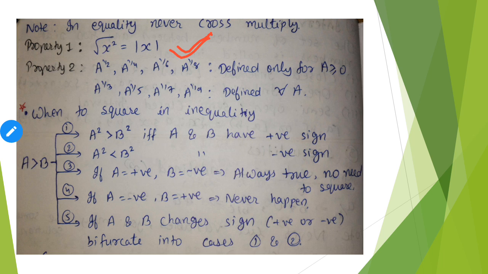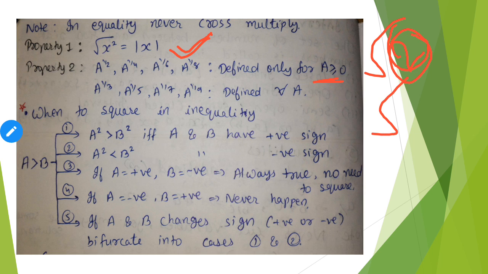Now property 2. A raised to 1 by 2, a raised to 1 by 4, a raised to 1 by 6 are defined only for a greater than 0. For example, root of 2. Here we know that under the root it is always positive.